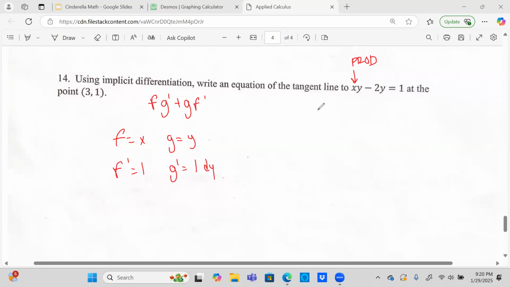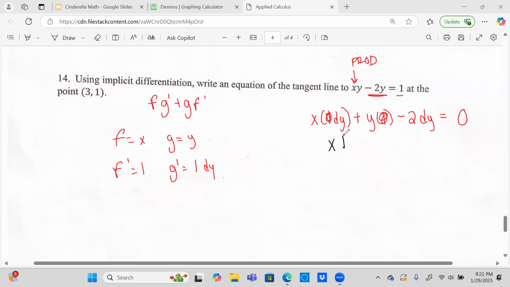Okay, so now f g prime plus g f prime, and now derivative of negative 2y would be minus 2 dy, because we took the derivative with respect to y. Keep the equals, and the derivative of a constant is 0. The ones don't do any good, so I'm just going to get those out.